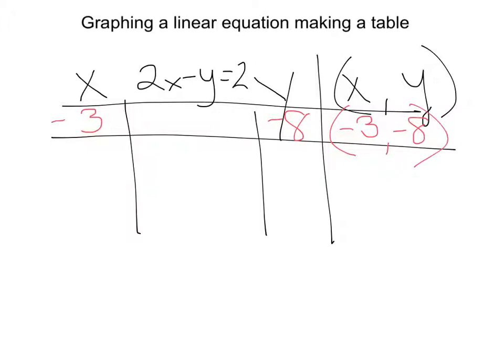If I wanted to replace x with 0, my y would be -2. So I would have (0, -2). Okay, again, you can choose any number you want, just as long as you're getting a few sets of points so that you can then graph the line to determine if it's a linear equation.